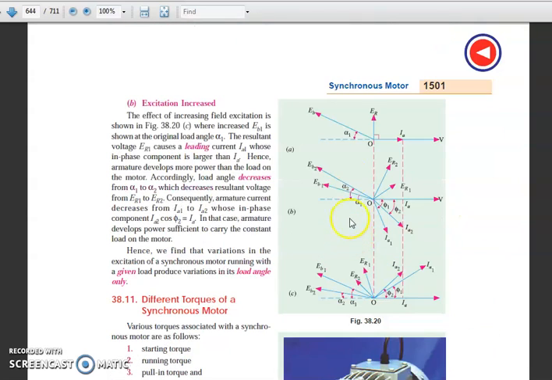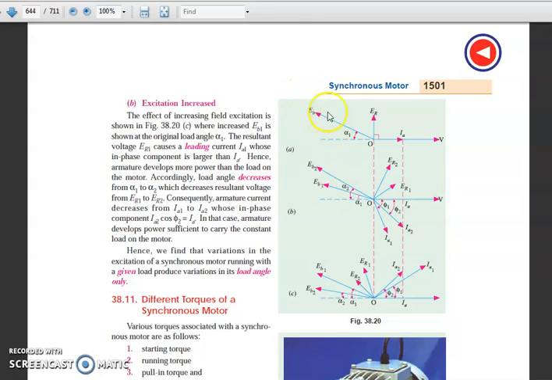So what will happen if I decrease the excitation? My back EMF value will also decrease to EB1. And once EB1 decreases, obviously my IA1 will also change. Previously my back EMF was normal, EB equals V, the supply voltage, at normal excitation. But if I decrease my excitation, then my back EMF value changes to EB1.